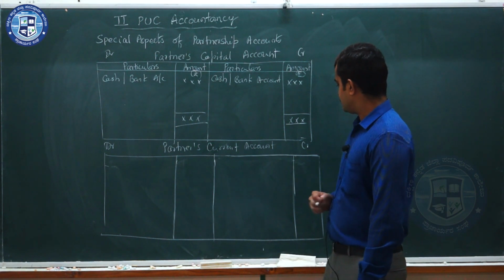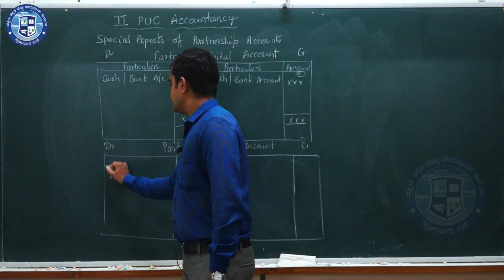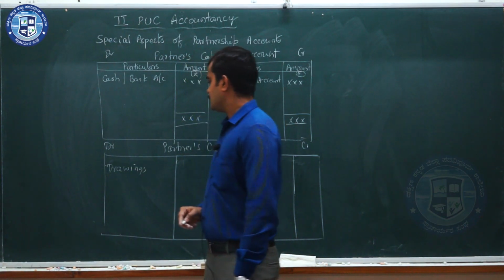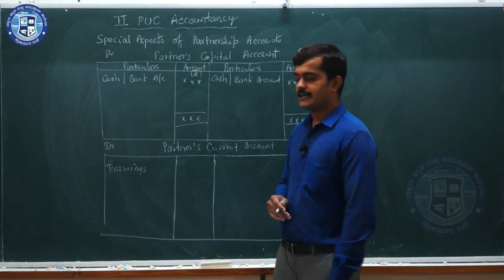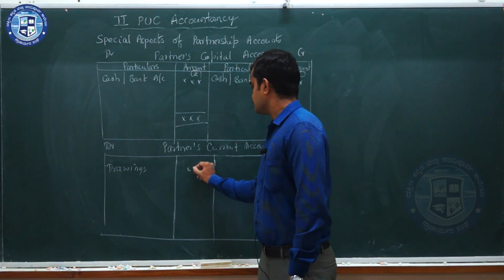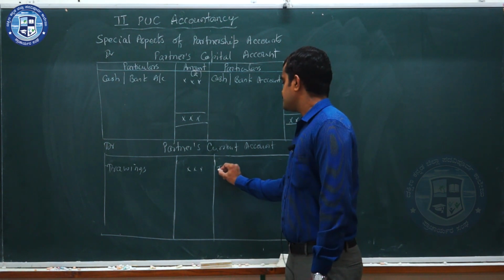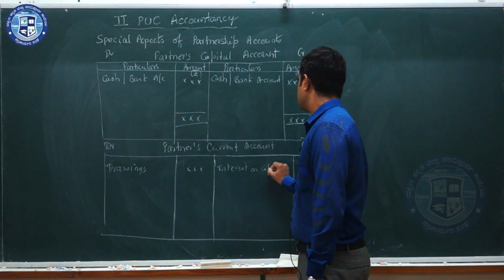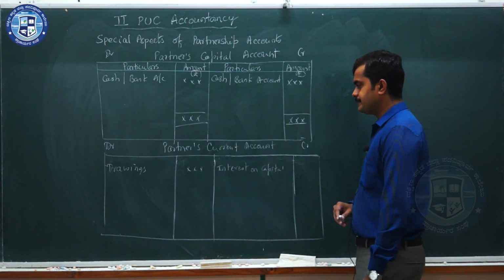The first thing is drawings made by the partner. Drawings made by the partner will be recorded on the debit side of partner's current account. Next, interest on capital is recorded on the credit side.